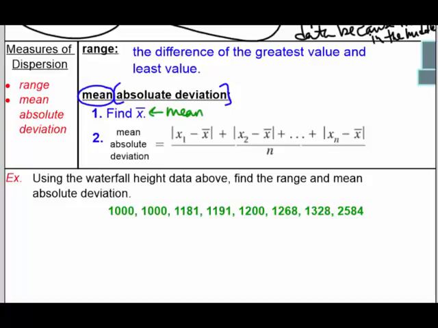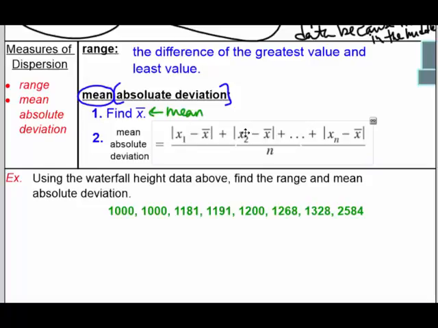Okay, then your second step is you have this awesome formula that I've already copied down for you so you don't have to miscopy it just in case. How do you calculate the mean absolute deviation? Well, it's equivalent to a fraction bar. You're going to take each data point and subtract the mean from it. So take the first data point, subtract the mean from it, and you want the absolute value of that.